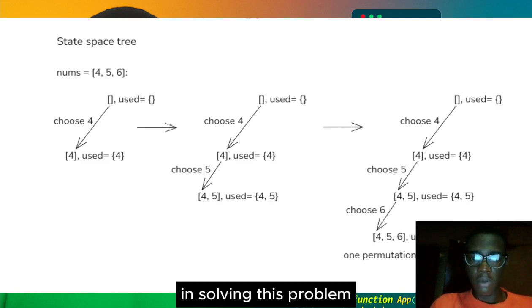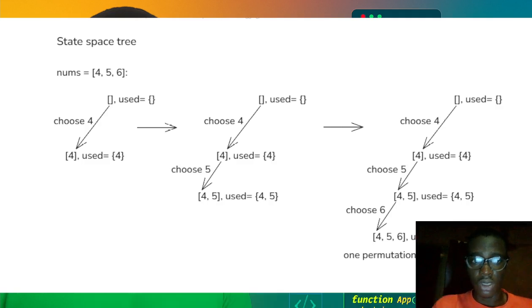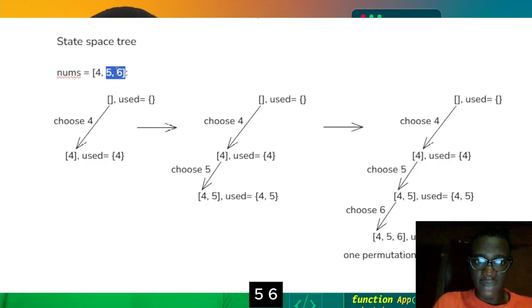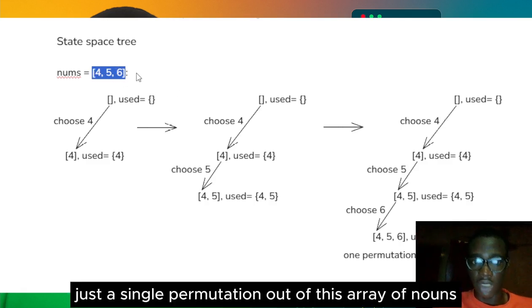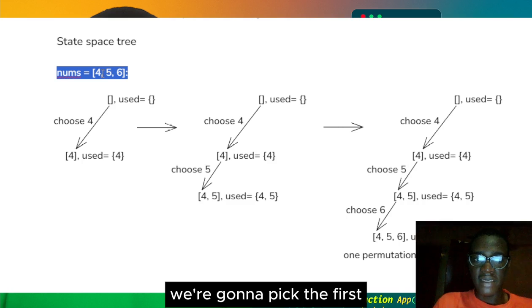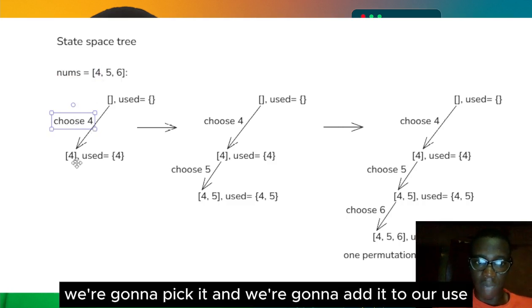In solving this problem, let's figure out how to build just one permutation. Let's consider the nums array 4, 5, 6. First of all, we pick the first number in the array and add it to our used. Why?